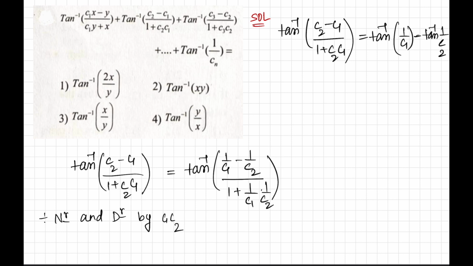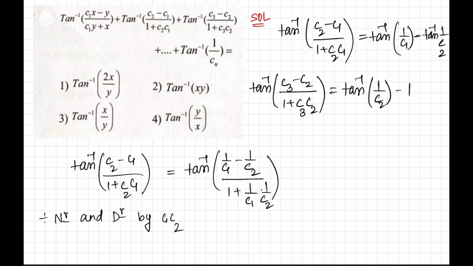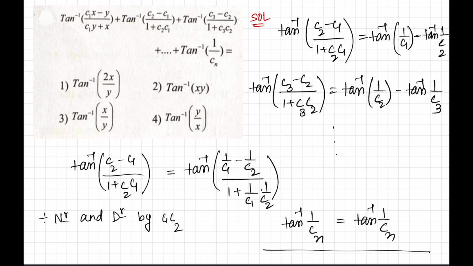Similarly, third term ये हमारे पास आएगा tan inverse of 1 by C2 minus tan inverse of 1 by C3 and this will go on और last term आएगा tan inverse of 1 by Cn and this is just same as tan inverse of 1 by Cn.